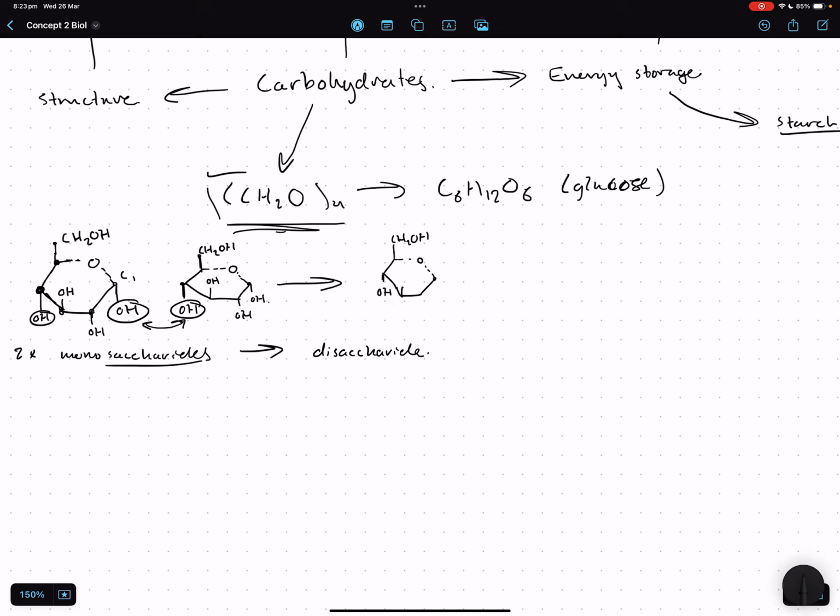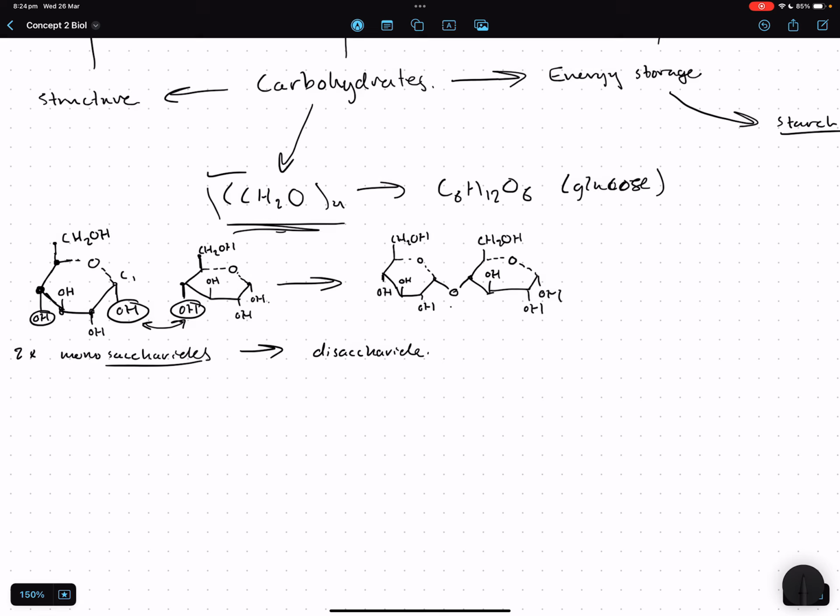So the hydroxyl here, the hydroxyl here. These structures are pretty long. Okay, so that is our molecules very generally. Nice and drawn up.